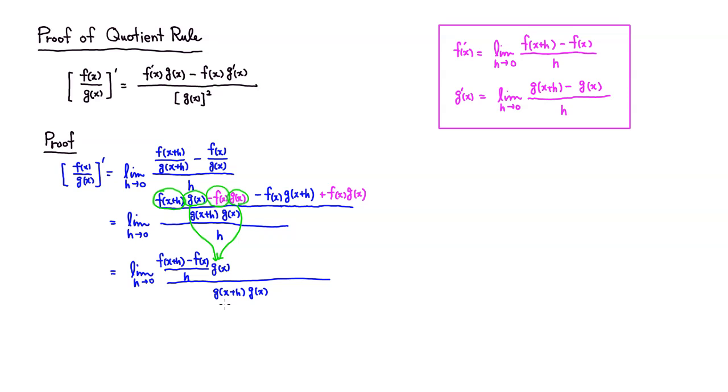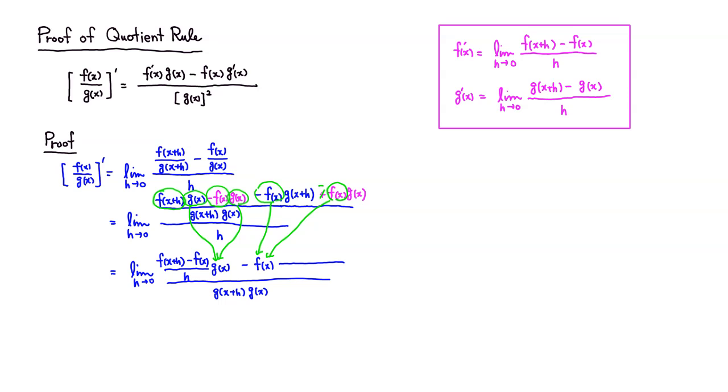For the second two terms, we pull out what's in common. I'm going to pull out negative f of x, since it is only a positive f of x, so you have to put the negative sign there. I have to change that to a negative sign though.